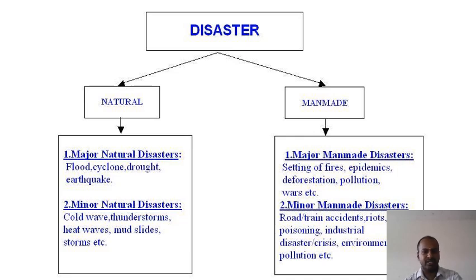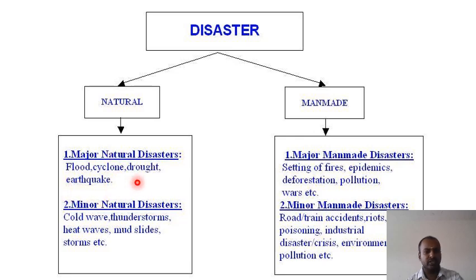First, natural disasters. The major natural disasters are flood, cyclone, drought, and earthquake. And minor natural disasters. Why I separate them into major and minor is that the minor natural disasters come in a season, while the major natural disasters come at any time. For example, if rain falls at a high rate, a flood will occur.